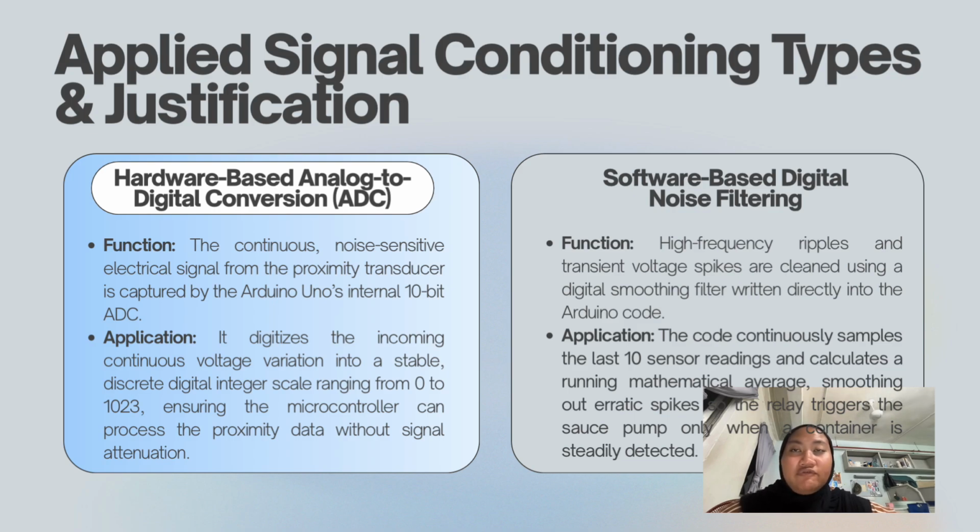Because of this, if any sudden random voltage spike happens, the system completely ignores it. The source pump will only trigger when the container is steadily held under the sensor. This keeps the dispenser safe and prevents any messy source spills.